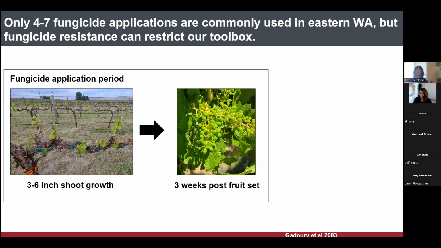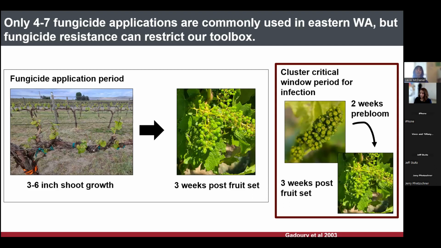You want to focus those sprays from the 3 to 6 inch shoot growth to 3 weeks post fruit set. And in higher disease pressure areas, or years where you have milder temperatures and more precipitation, you'll potentially have more sprays.